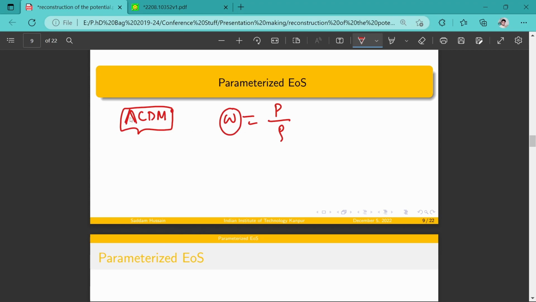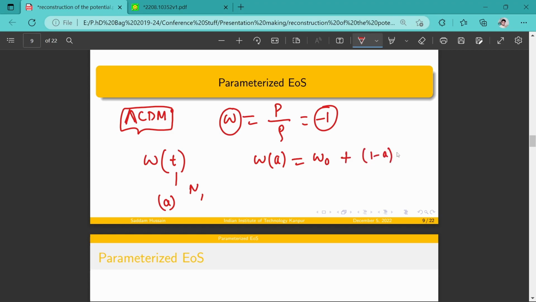Now if it is composed only of lambda, then it is always -1, but we want to understand whether dark energy is dynamical or not. We say that omega depends on either time, n, or the scale factor. What you do is take the Taylor expansion of this around today, like what is the equation of state today, and then you can have 1 minus a to the power omega 1.